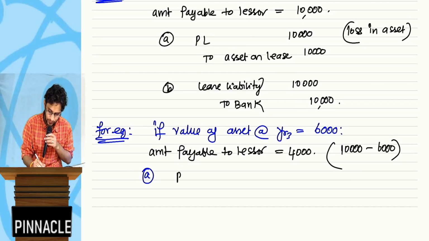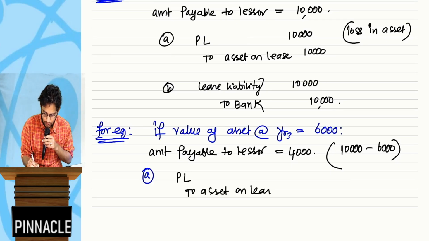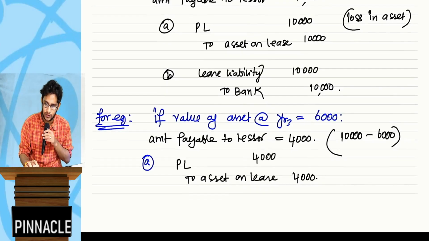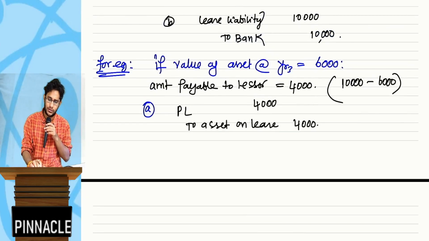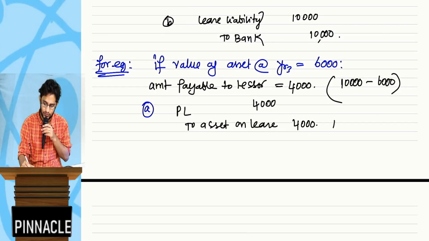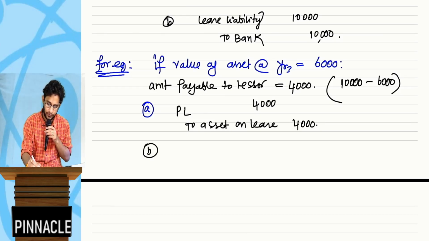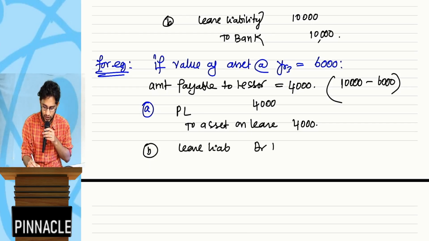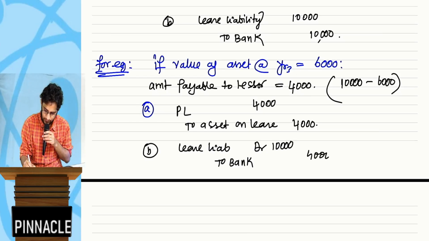First, book that loss. P&L account debit to asset on lease 4,000. Why 4,000? The asset is worth 6,000 but it is appearing in my books at 10,000. So I am booking off the overstated value. Then, lease liability account: close it at 10,000, but I need to pay only 4,000.